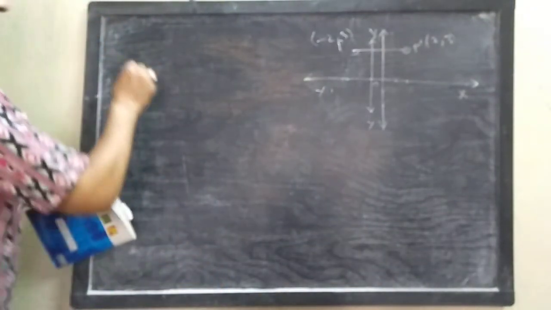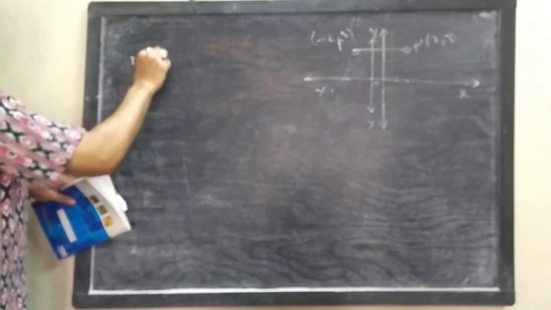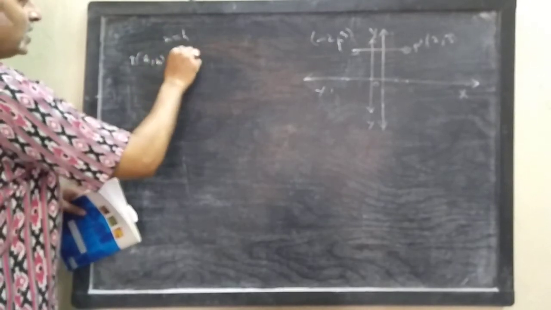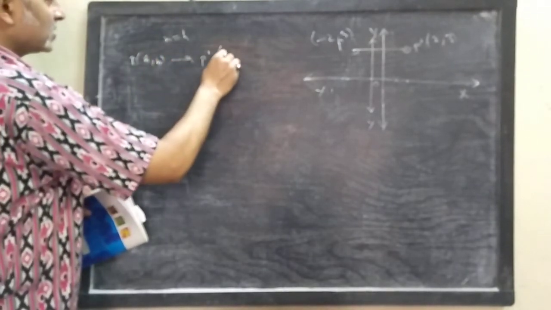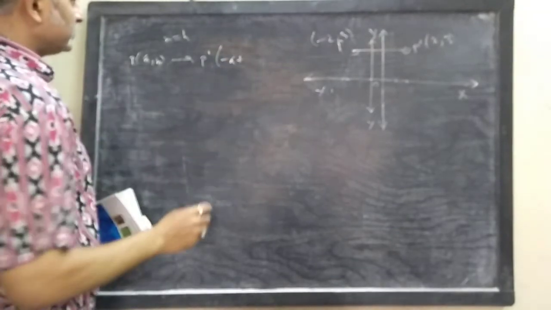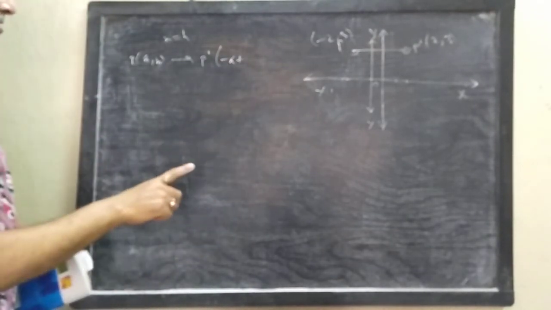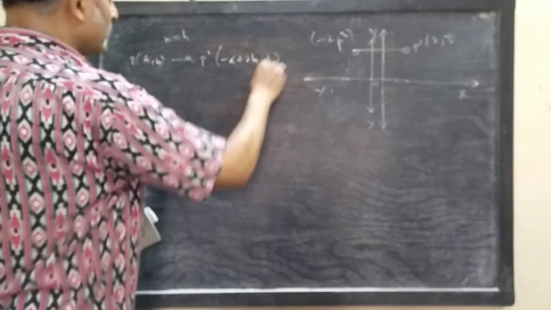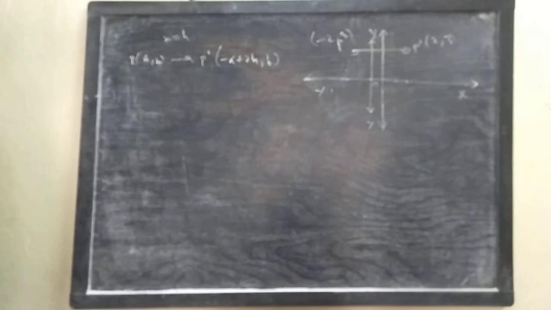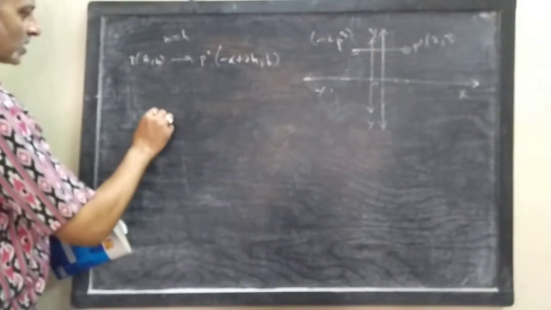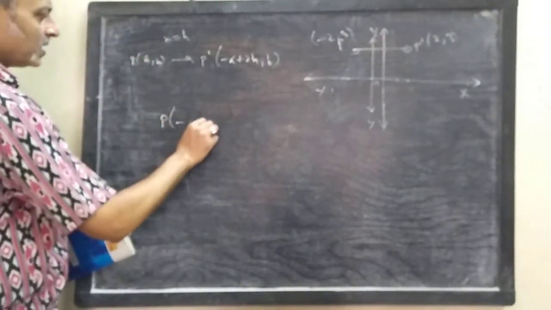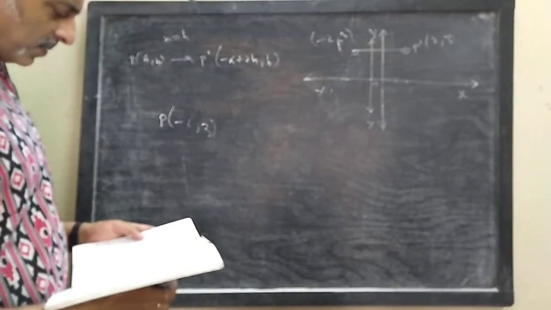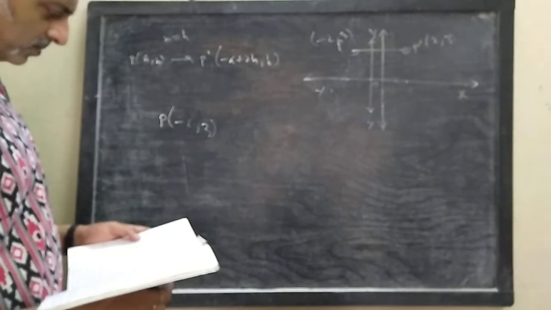Recall the formula. When P(a, b) is reflected in the line x equals to h, then P goes to P dash (minus a plus 2h, b). So here the point minus 2 comma 3: point P under reflection P dash 2 comma 3.